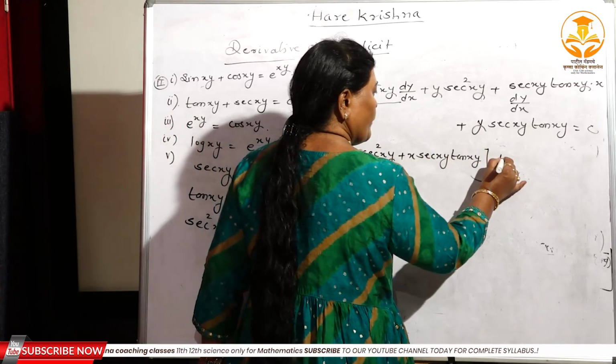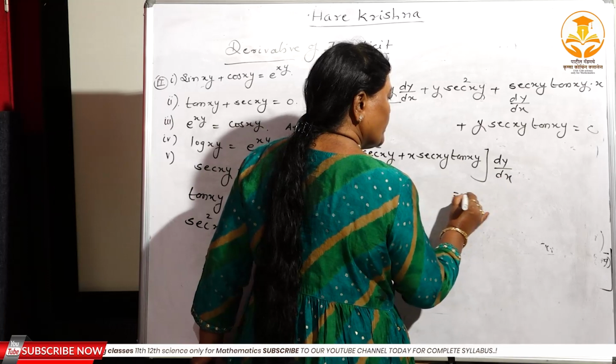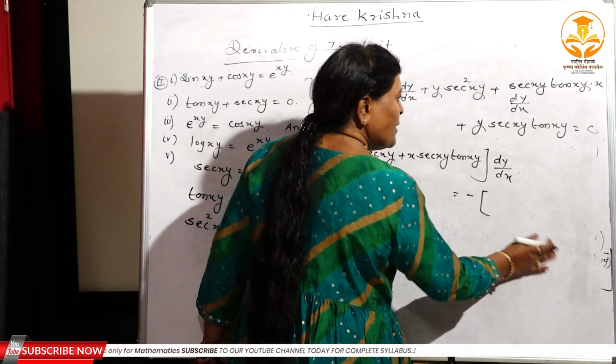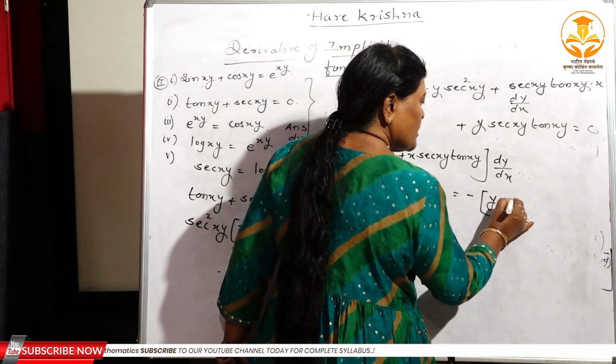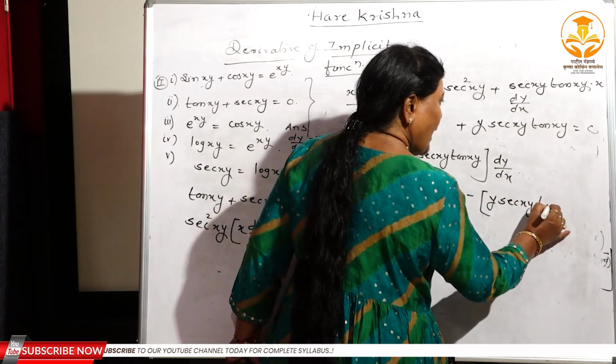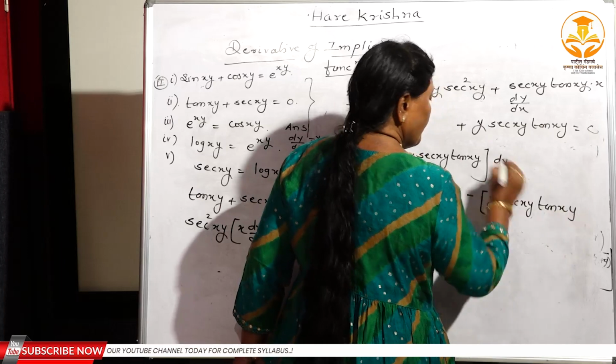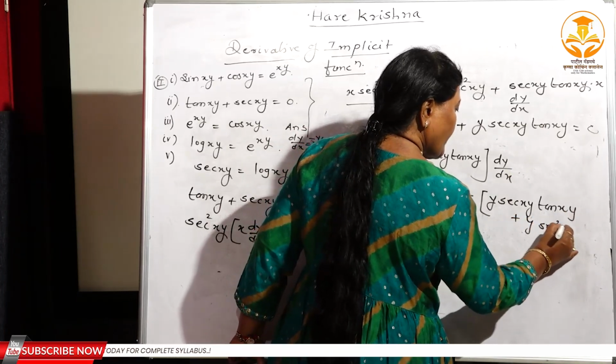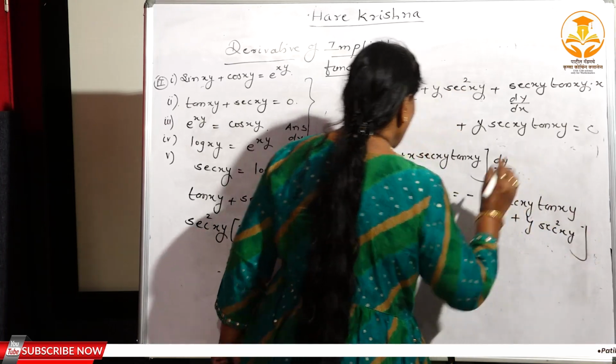And both terms you can transfer to that side, becomes minus y sec xy tan xy and minus y sec square xy, right?